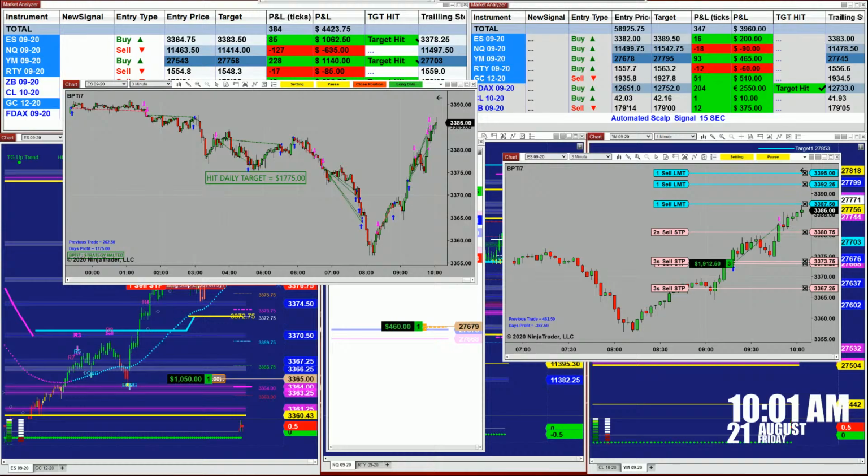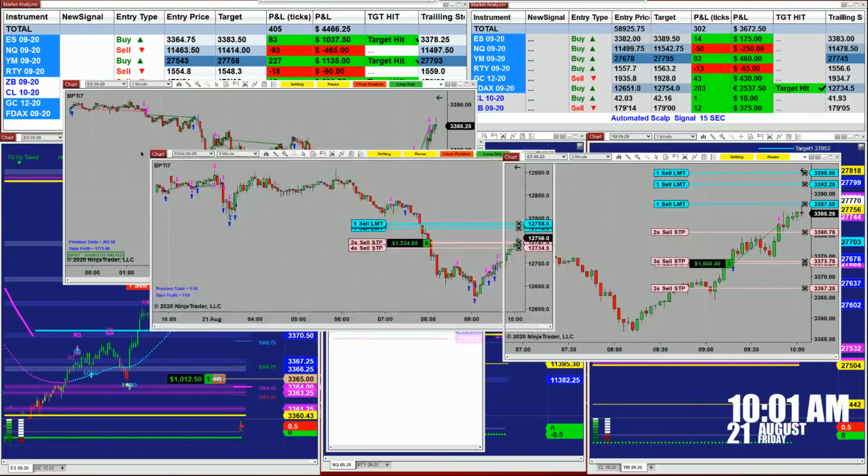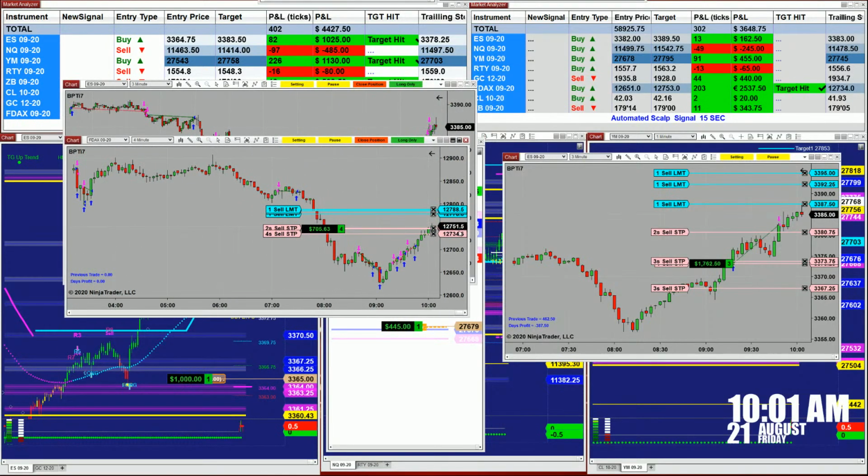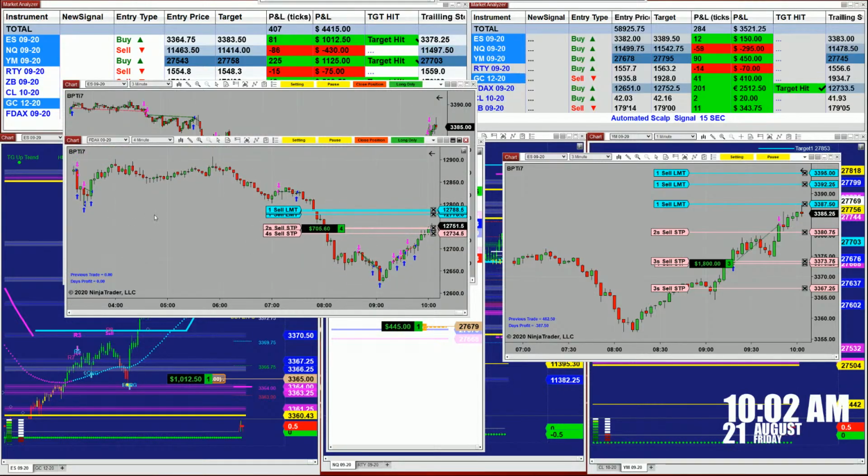On the DAX, it's a very consistent template. Very consistent. Yesterday made a little over 2,000 on the DAX, and today is the same story. It's going very fast.